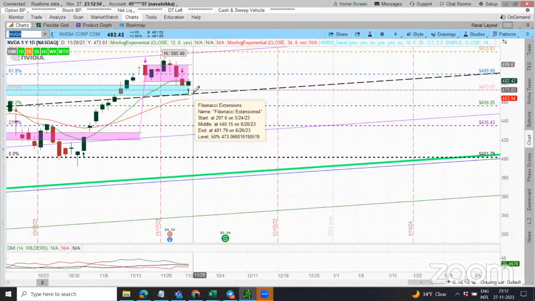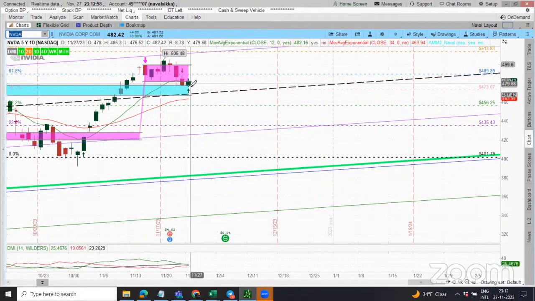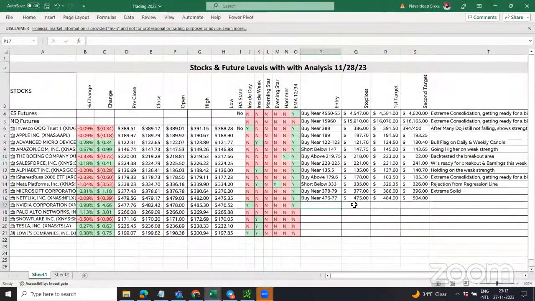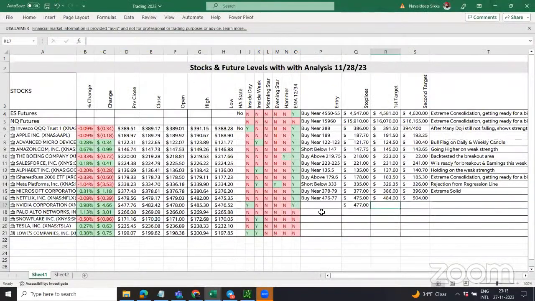Stop loss is right now 477. Buy about 12 EMA, so 482. I would say buy above 483.